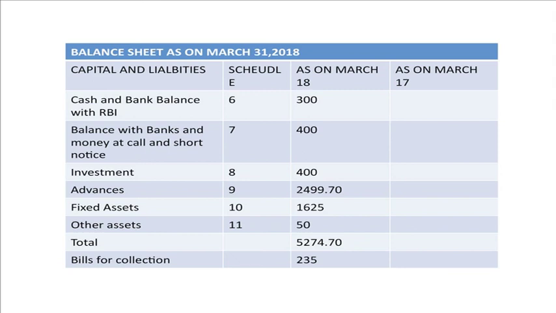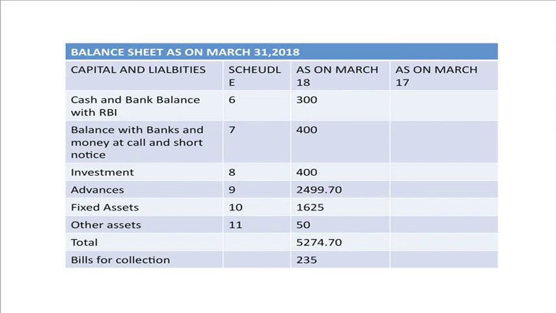So, from advances we have deducted provision of advances, and this final amount is being reflected over here. Fixed assets, schedule 10, 1625, other assets, schedule 11, 50. So, the total of asset side is coming as 5274.70, which is equal to the total of liability side we have computed in the previous slide.